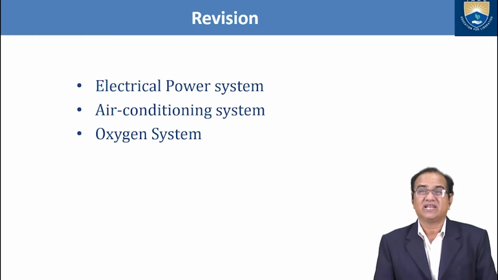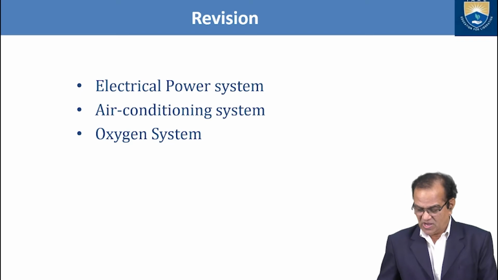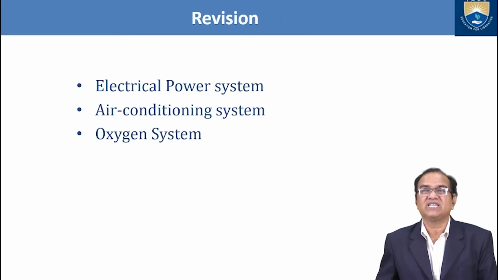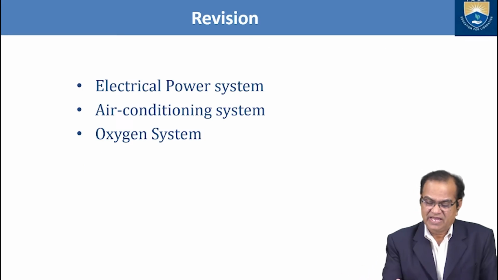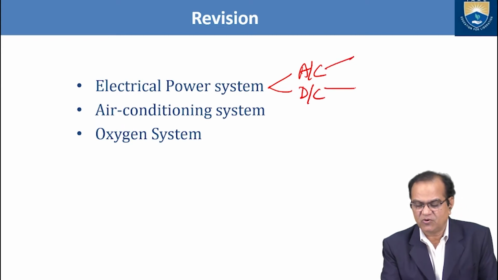So now, electrical power system, air conditioning system and the oxygen system. We have already finished the electrical system, and we have seen different electrical systems, that is AC system and DC system, with different voltages and different frequencies.